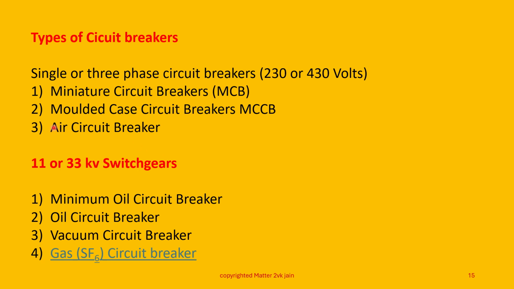Beyond that, we need air circuit breakers. Now, this is the type of medium voltage circuit breakers. In case of 11 or 33 kV switchgears, we use minimum oil circuit breaker, vacuum circuit breaker, and SF6 gas circuit breaker.